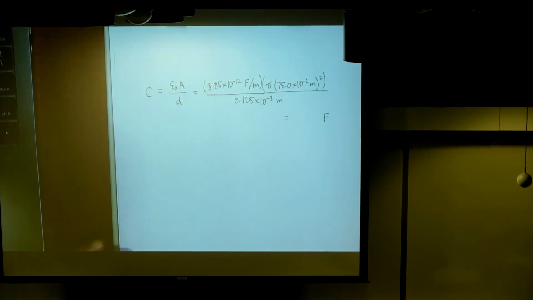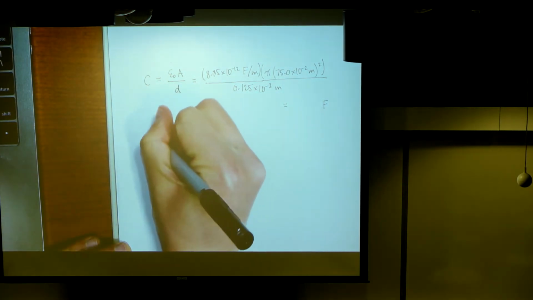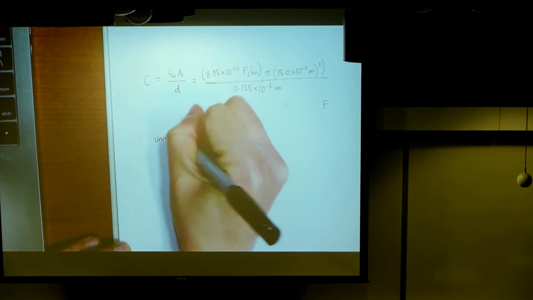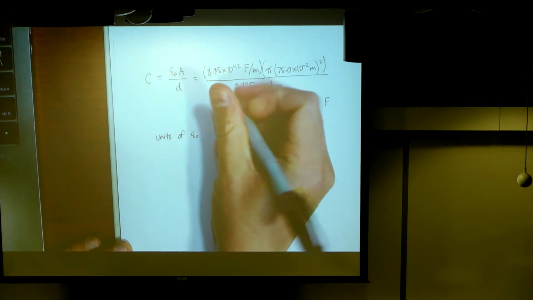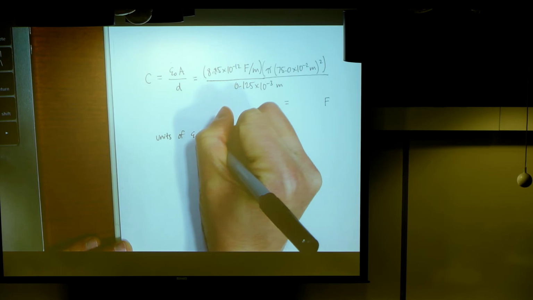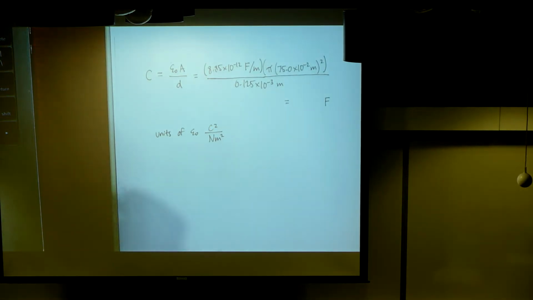And while we're doing that, let's talk about the units real quick, okay? All right, so units for epsilon naught. So normally we think of this as coulombs squared divided by newtons times meters squared, if you remember when we originally encountered this quantity.